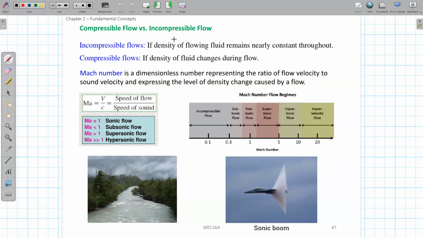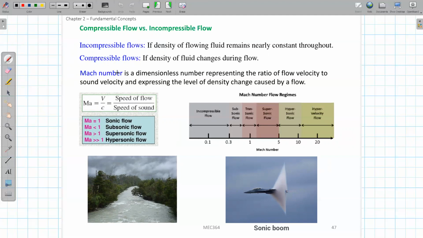So when we talk about incompressible and compressible flow, we are usually focusing on gas, especially air. That's why these two terms are usually related to aerodynamics, with airplanes, aircraft, rockets, and those kinds of things.